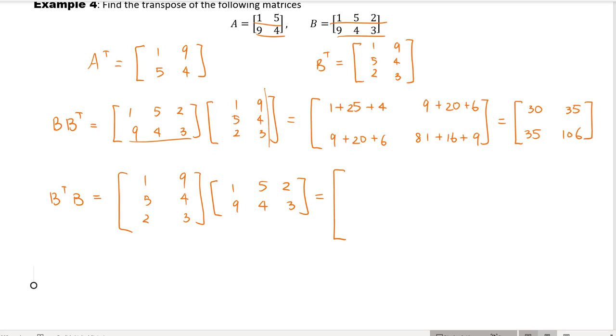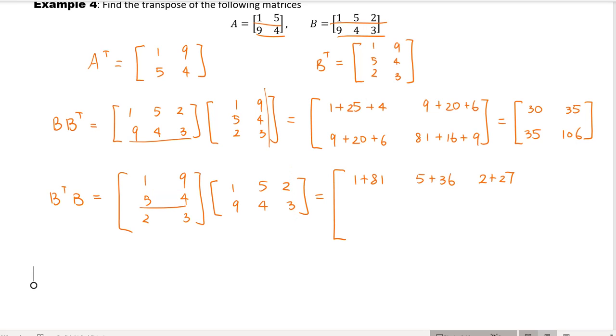Okay, let's see. First row times first column, 1 times 1, 1, 9 times 9, 81. And then first row times second column, 1 times 5, 5, 9 times 4, 36. And then times the third column, 1 times 2, 2, 9 times 3 is 27.